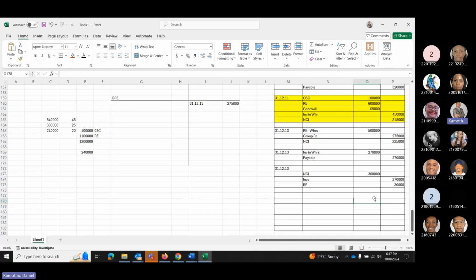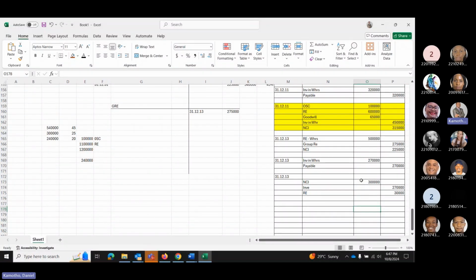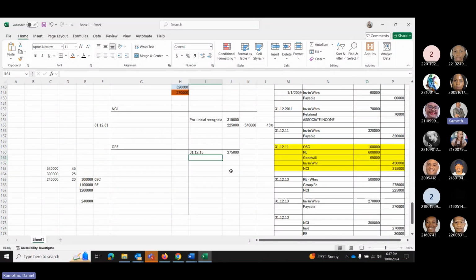If they had paid, let's say, 320,000, then it would have been a loss, and the retained earning would have reduced the group earning. So we come to the group retained earning and say this is an additional movement in reserve. We recognize an additional 30,000. And NCI here, we are going to remove the 300,000.